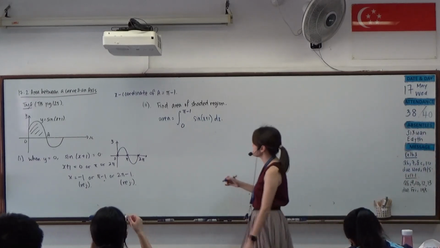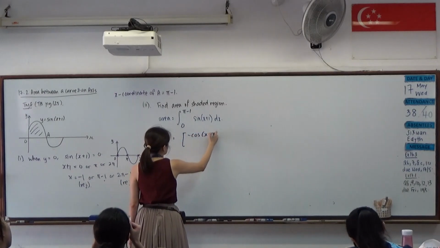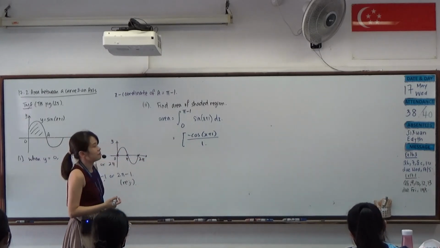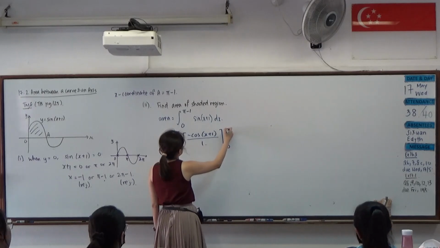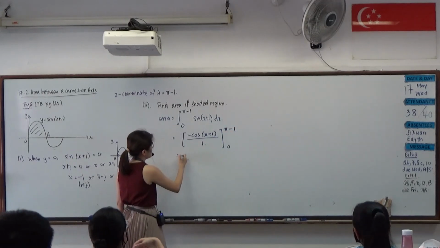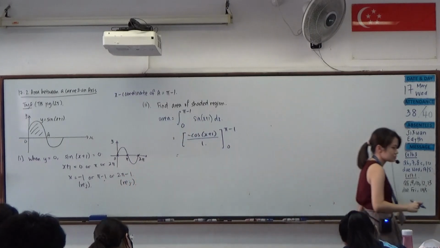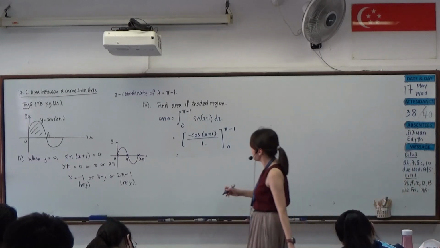Integrating sine will give us negative cosine. We divide by the coefficient of x, which is 1, bounded by the values 0 to pi minus 1. Then we substitute in the values.